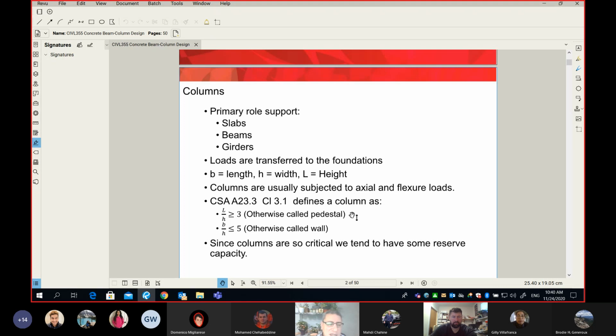I've seen a video recently, but it has to do with the columns. Column is very important, and that's why we pay more attention to their design, and we as engineers and designers tend to give them extra care and leave some extra or reserved capacity in their design. Hopefully you guys agree on this statement.